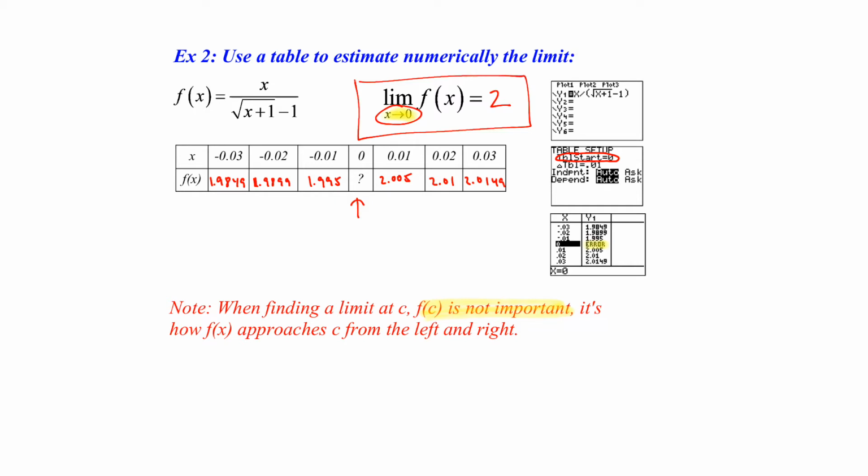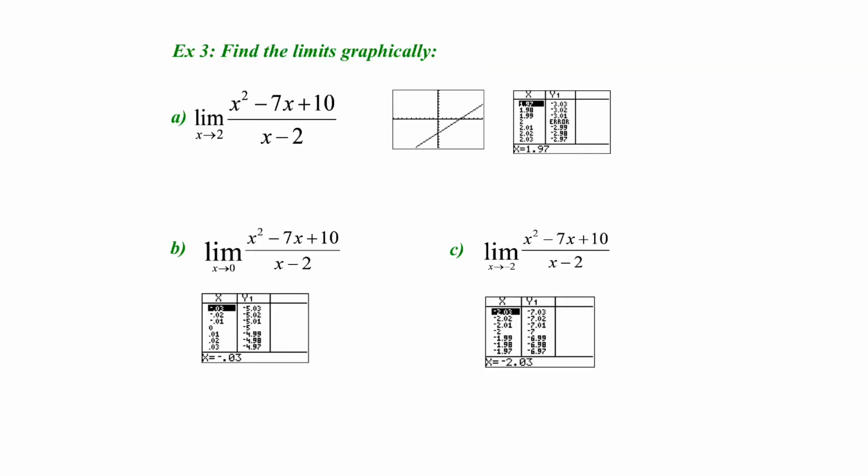It's how f of x approaches c from the left and from the right side. So when we're looking at these limits, we're looking at as x approaches this value of c from the left and the right, what is y getting closer and closer to? We don't care what happens at 0. We care what happens as it approaches 0.